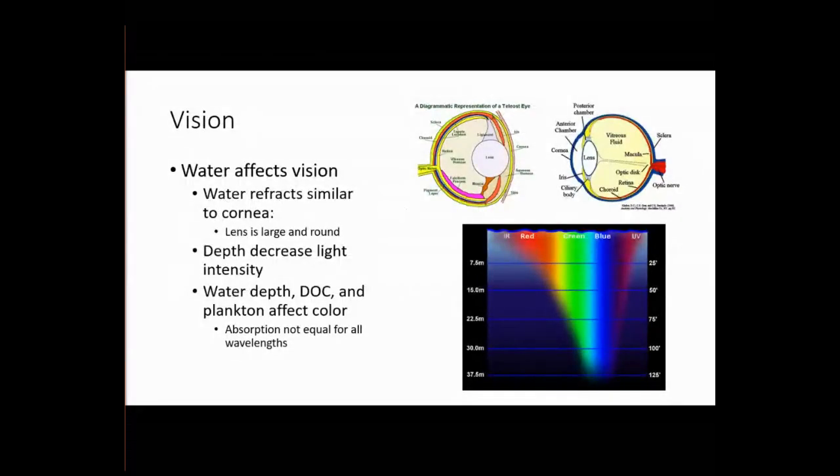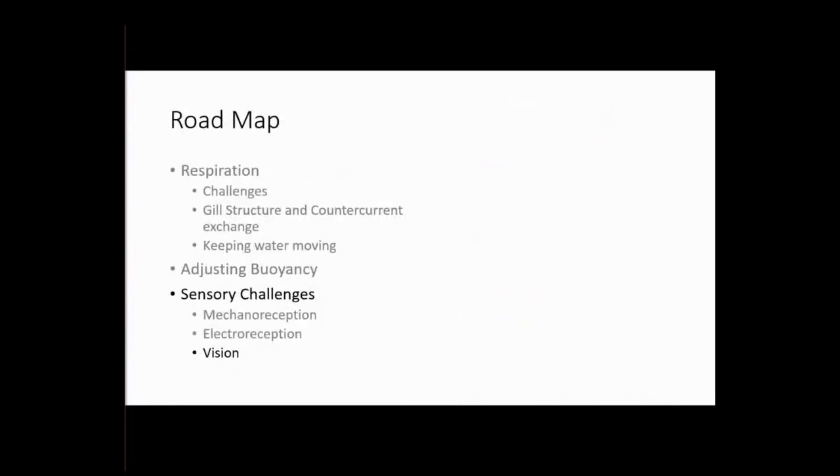So on Wednesday, we left off and we've been having this conversation about what traits allow our fishes, or any organism really, to be successful underneath the water. And so we've been talking about several different features. First we talked about respiration and the challenges that water presents in order to get oxygen out of the water.